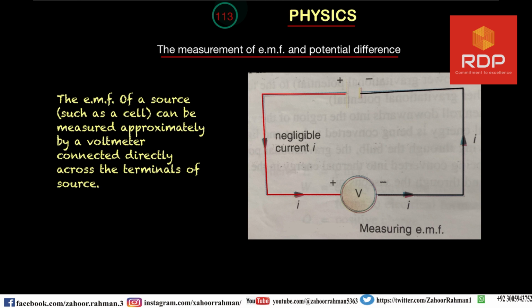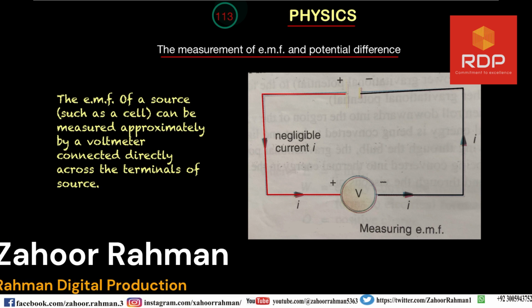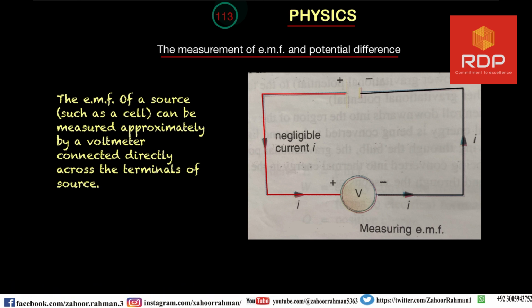It means that we have to connect the voltmeter directly across the cell if we want to find the EMF of the dry cell. And as you can see in the given figure on your screen, the positive terminal of the voltmeter, which is red in color, is connected to the positive terminal of the cell.